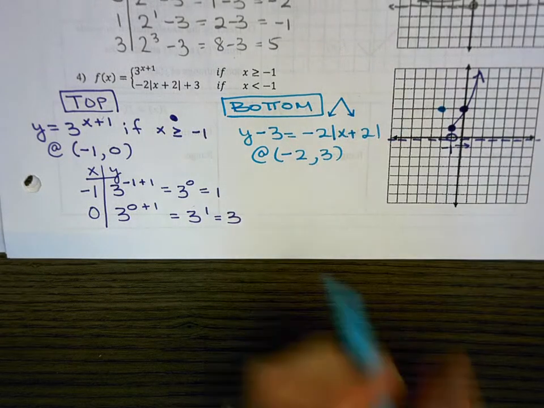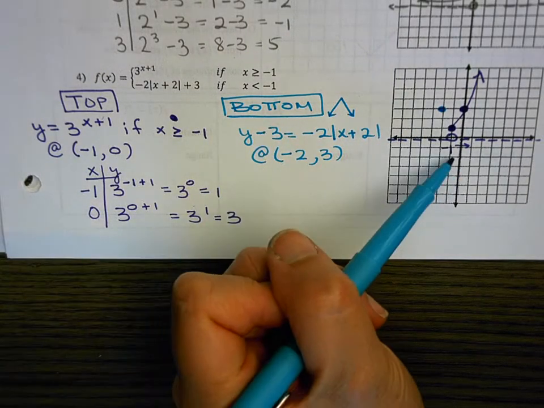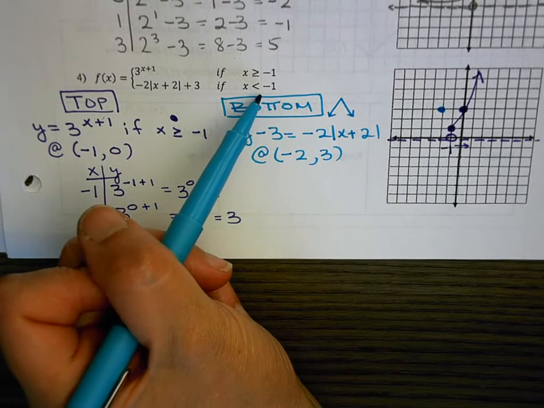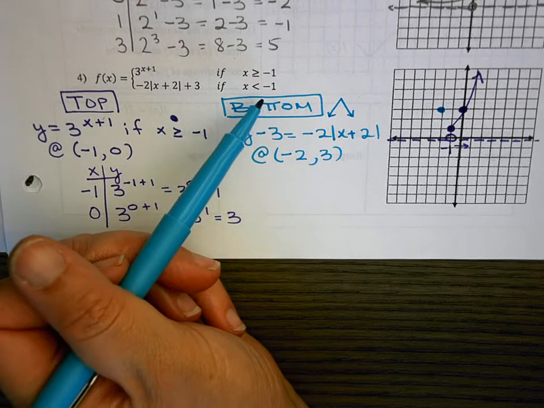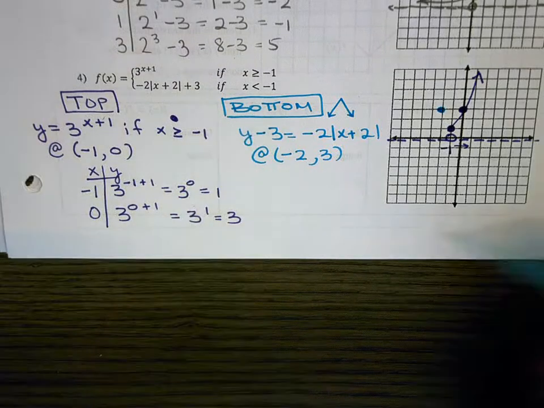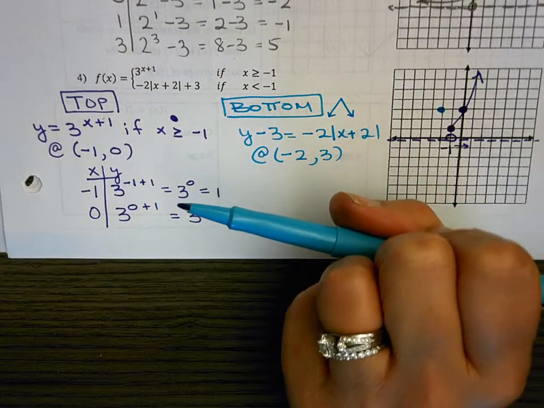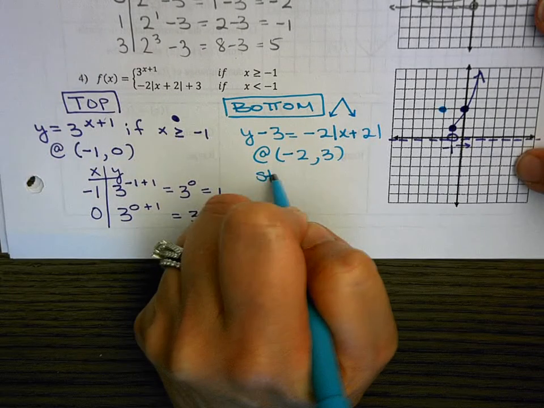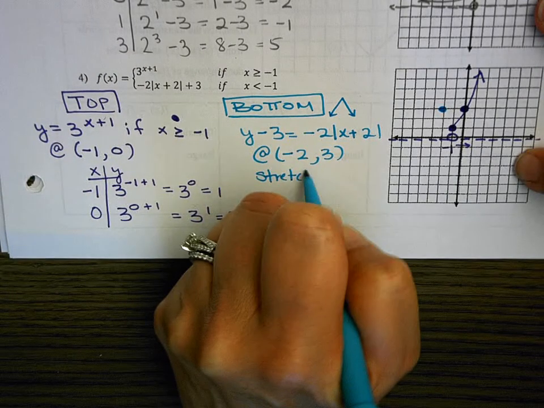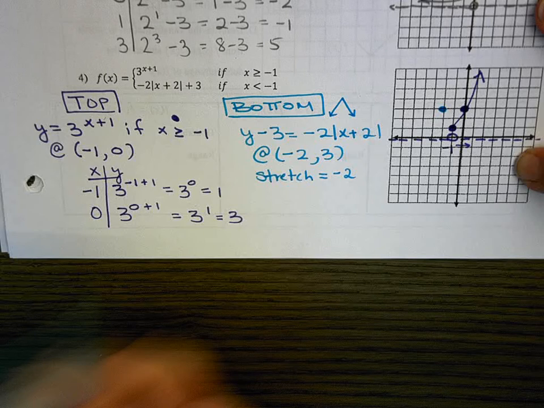And then here, I'm going to go to -1 as well, so for x less than -1. I didn't have enough room to write that here, but for x less than -1, that means when I go to graph, I'm going to graph going towards the right, so anything to the right of -1. So here my stretch or my slope is -2.